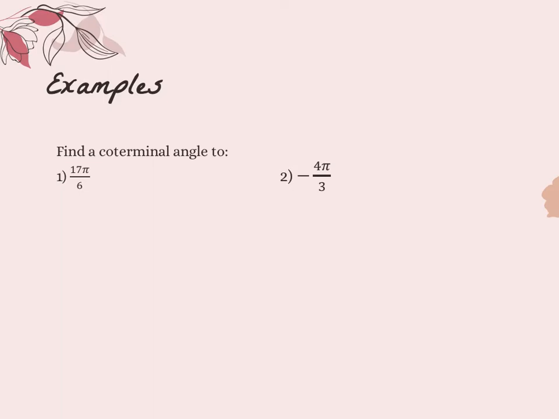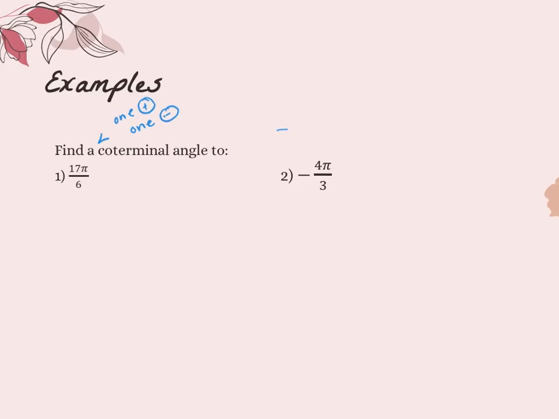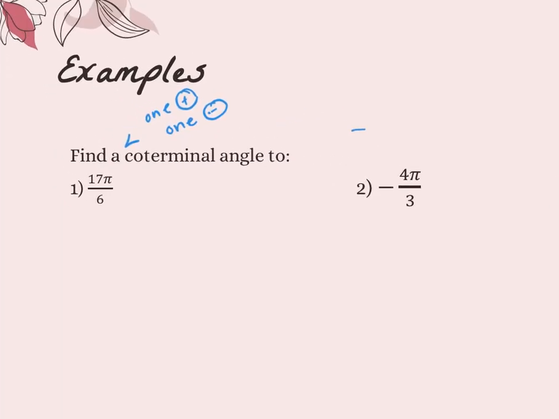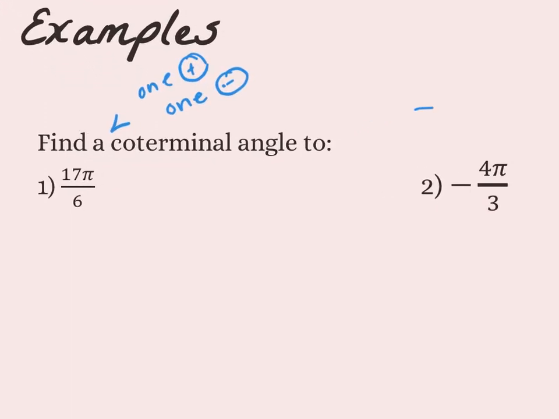It just says find a coterminal angle to 17 pi over 6. And we're actually going to find 1 positive and 1 negative, just like we did with our degrees. So if I want to find a positive coterminal angle, I can add 2 pi. I have to give it a like denominator, so this becomes 12 pi over 6.